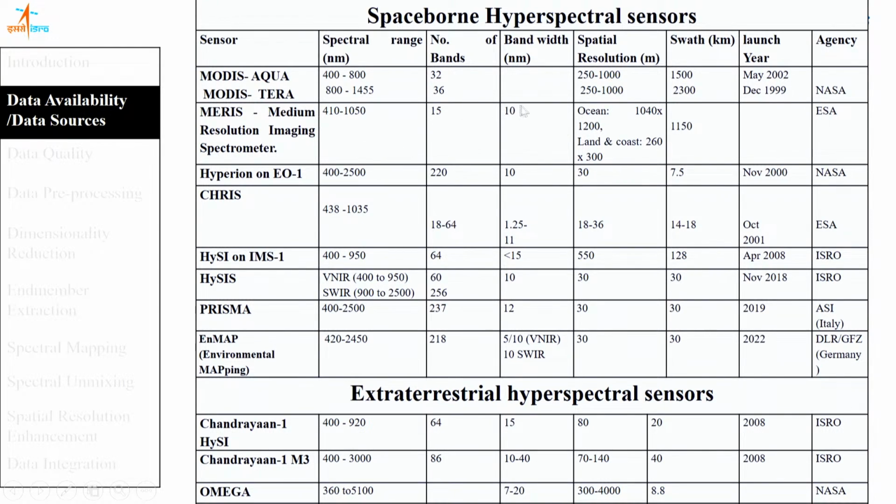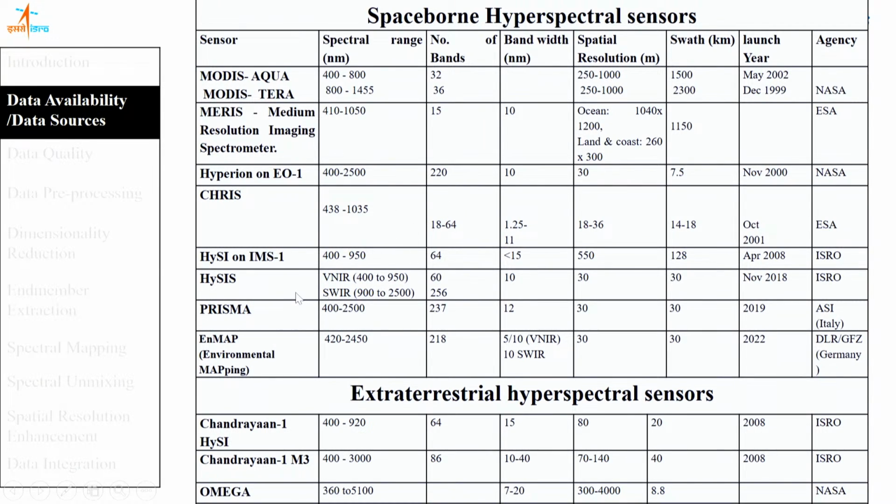MERIS is a sensor with 15 bands and 10 nanometer spectral resolution, developed by the European Space Agency. As I told, Hyperion was one of the sensors with good 30 meter resolution, but the swath width is only 7.5 kilometer. CHRIS, as I told, has multi-viewing capability and can see to a larger extent.